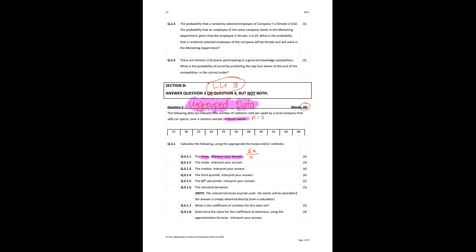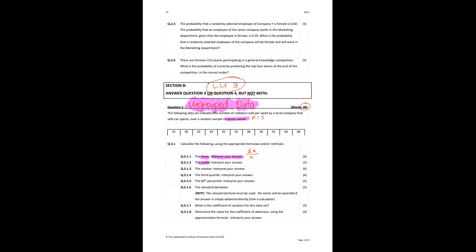That would be your mode. And then to interpret your answer, literally what the mode is, your most frequently occurring number, is how you'd interpret it. So you'll say the most common or the most frequent number of radiators sold per week, dot, dot, dot. So that was for 3 marks.